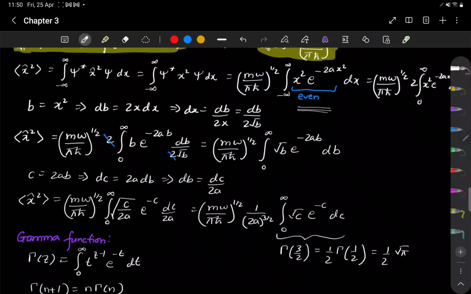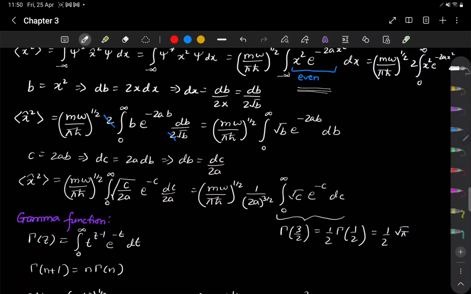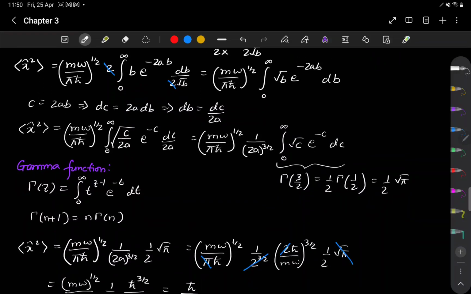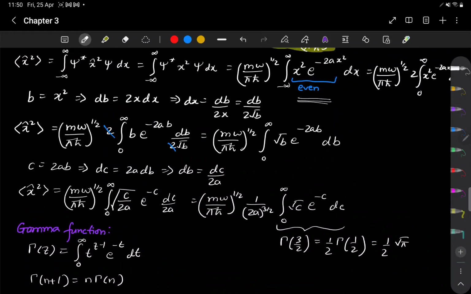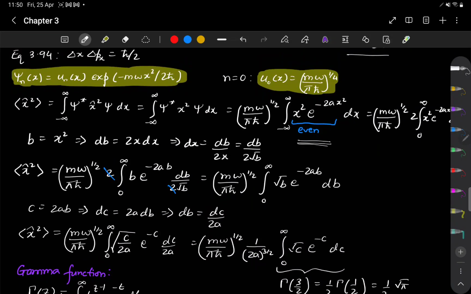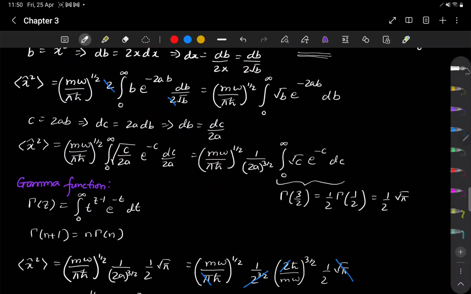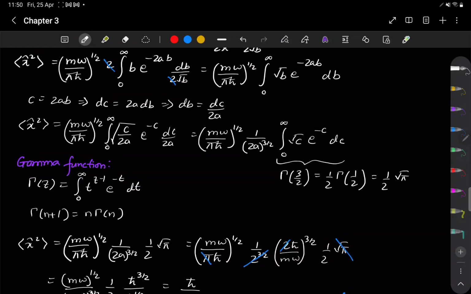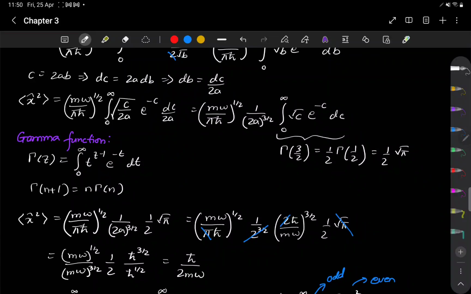So let me see where I have written the final result. So this constant term is outside. I don't need that. Okay, apart from this constant term, whatever is remaining, that is the integral result.